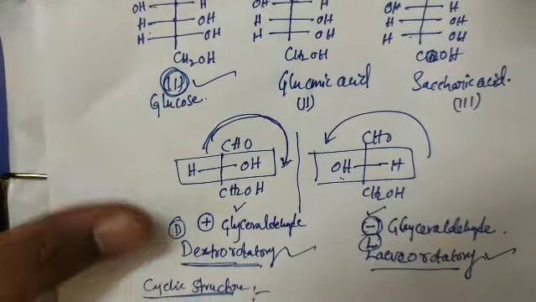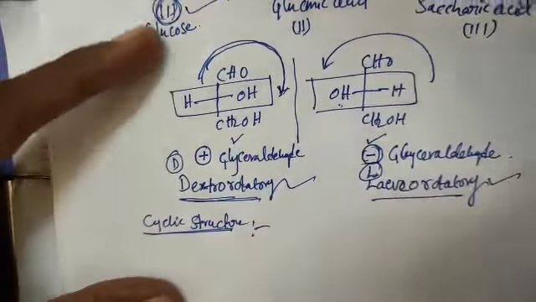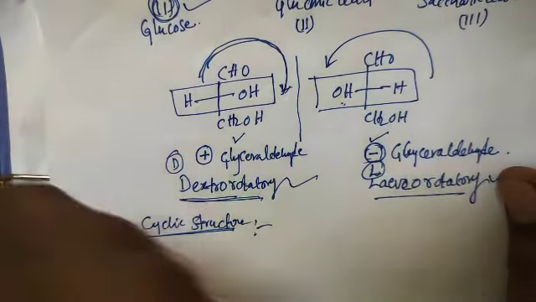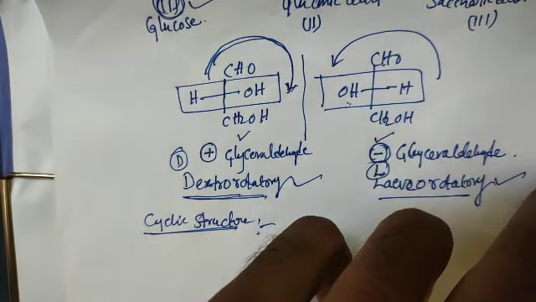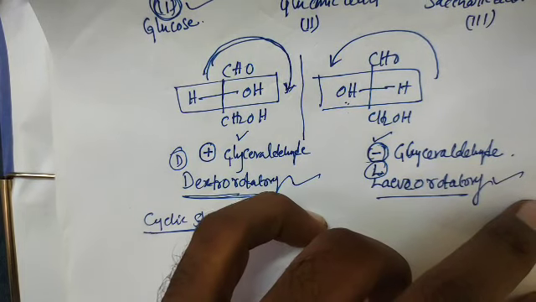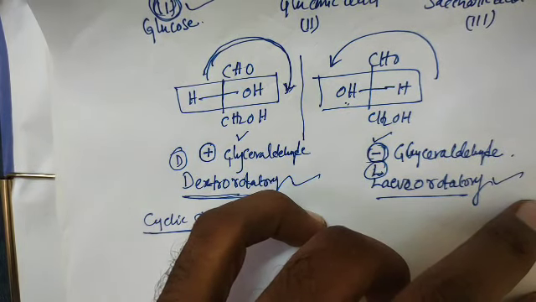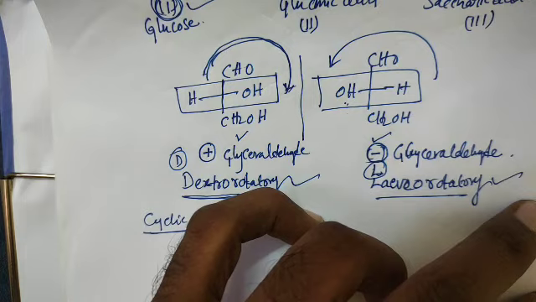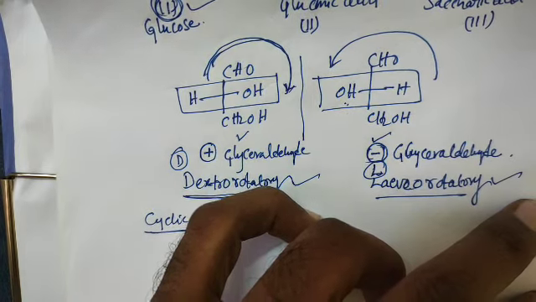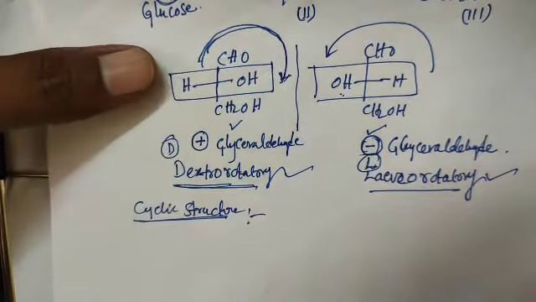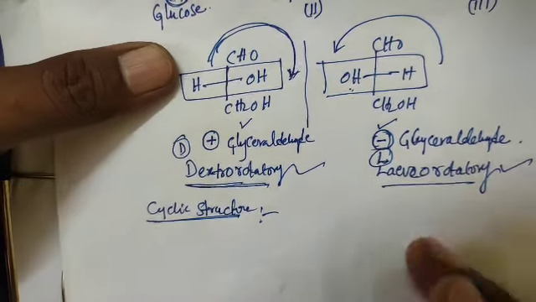The drawback is that, despite having the aldehyde group, glucose does not give the 2,4-DNP test.